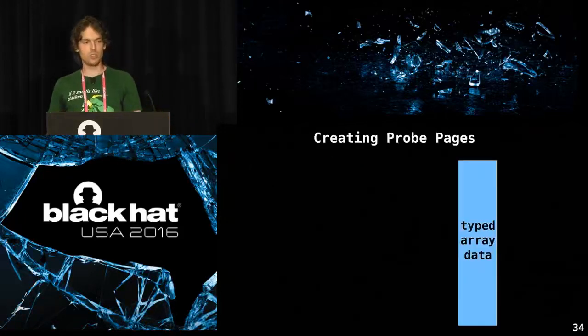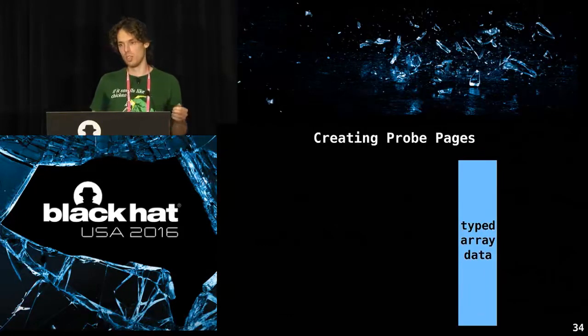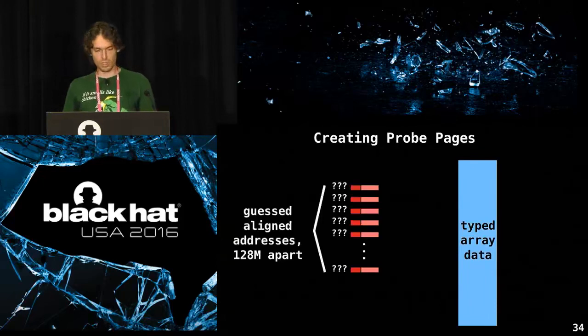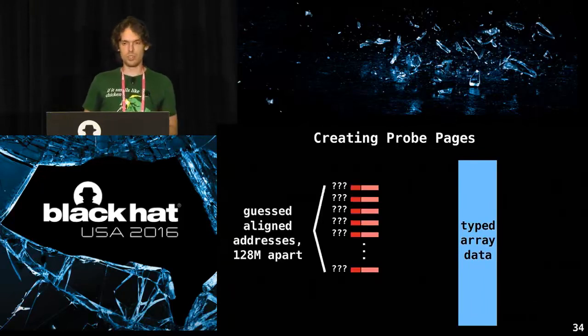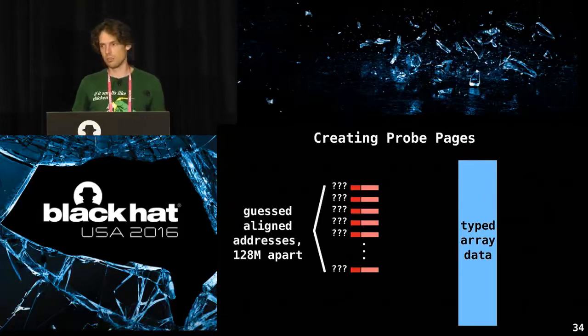On the other hand, we use a typed array, which in JavaScript allows us to control the memory completely, to fill that array with pages which look like the same array pages, but with addresses of guessed objects.